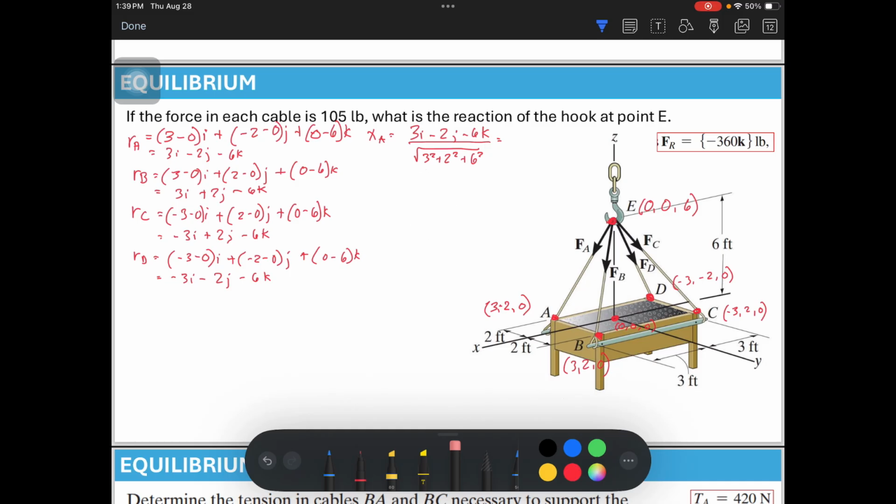Algebra, no? So, next, lambda B, it is 3I plus 2J minus 6K all over square root ng 3 squared plus 2 squared plus 6 squared.